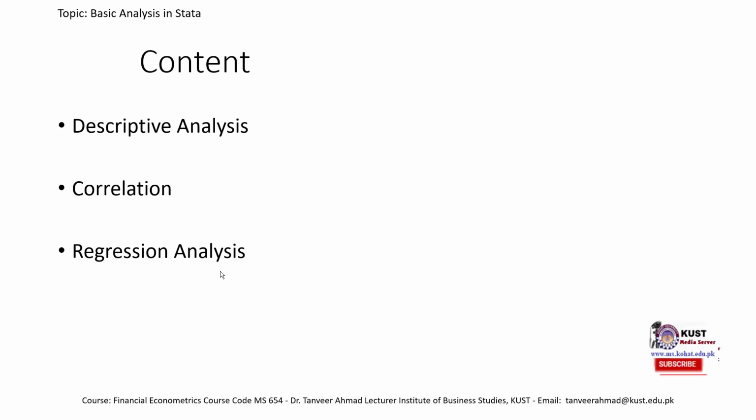Once we cover the detail of each assumption, its remedies and the signs that it shows, then for each assumption we would see how we can perform it in Stata. So let's get started and open the Stata file.